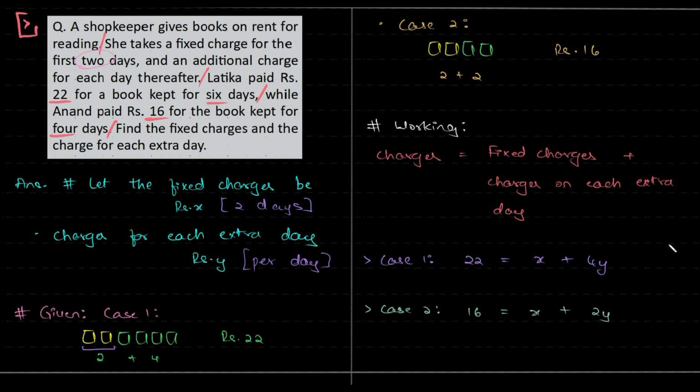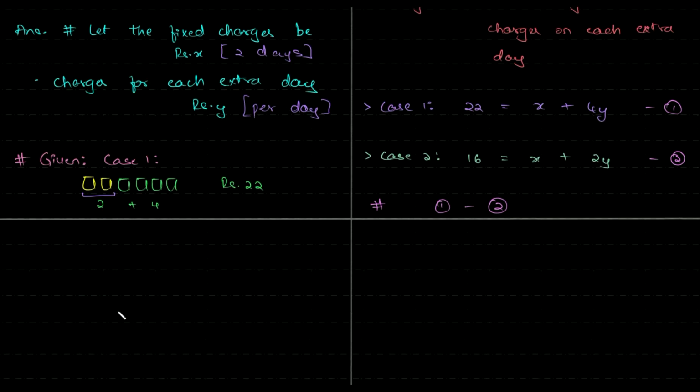All we have to do is subtract equation 2 from equation 1. So you can directly write the difference. This is 4 is equal to 2Y. So Y is equal to rupees 2. So per day she's going to charge you rupees 2.